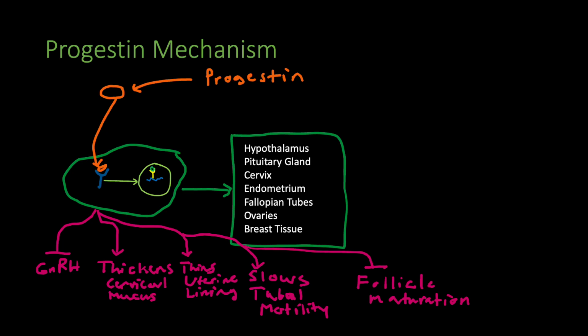So that's the basics of how this medication works. And like this cell could be inside a hypothalamus, pituitary gland, any of these in the list here, used to cause these types of actions.